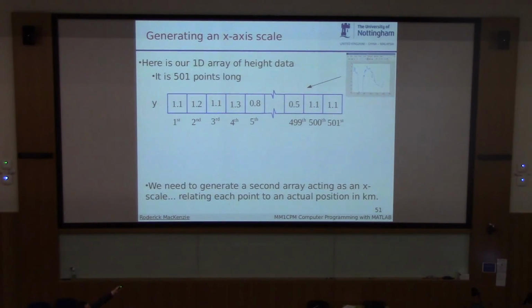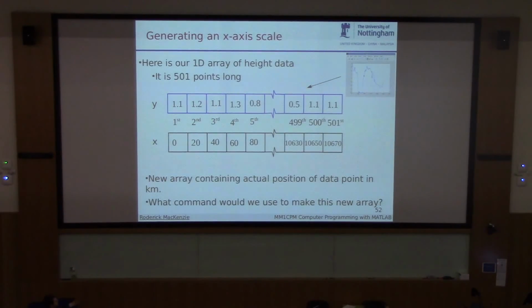And you can actually see, the data in this array will look like this if you plot it out. So somehow we need to relate each one of these first, second, third, fourth, fifth, all the way up to 500th point to an actual x-coordinate, so we actually know the distance or the position where it is on the Martian surface.